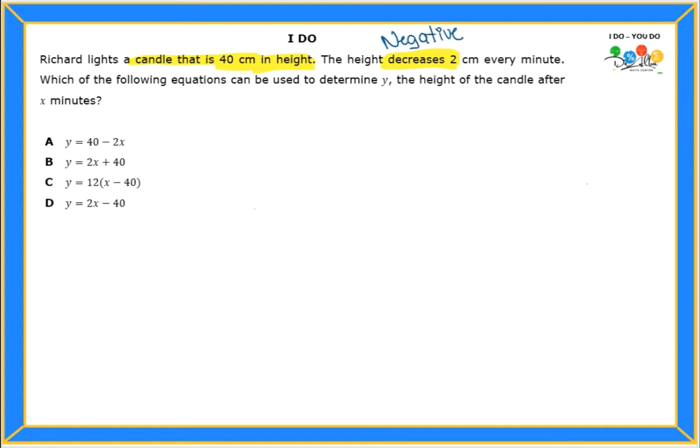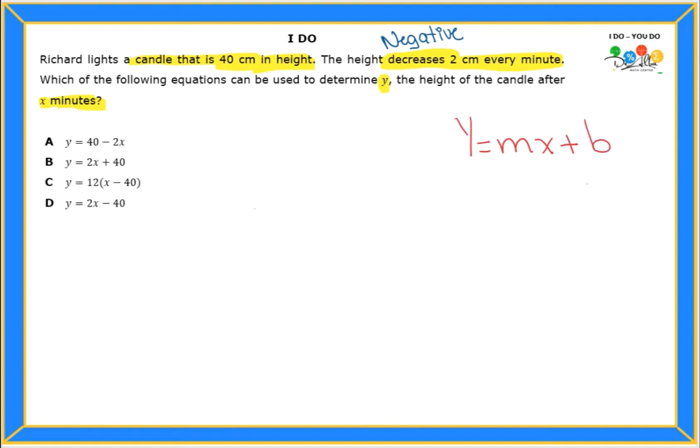Okay, and how fast is it decreasing? Well, it's decreasing 2 centimeters every minute. And they want me to find an equation that describes the height, which is y, after x minutes. So I know that x is the minutes, right? I'm going to write the slope-intercept form over here.